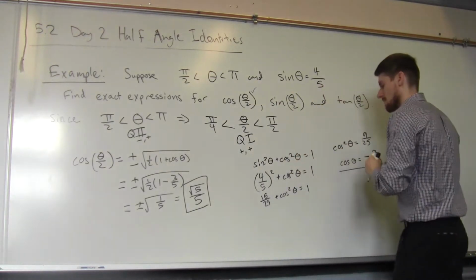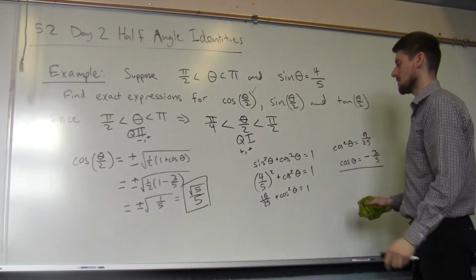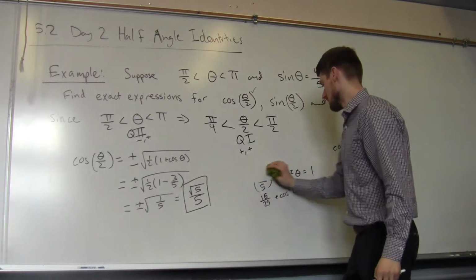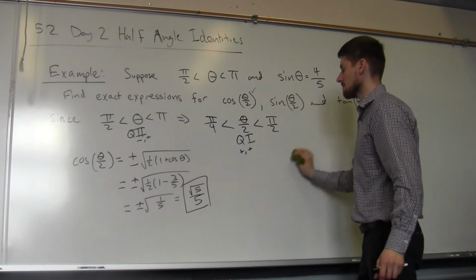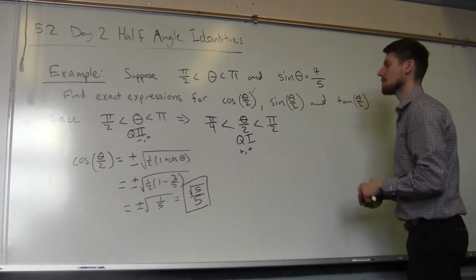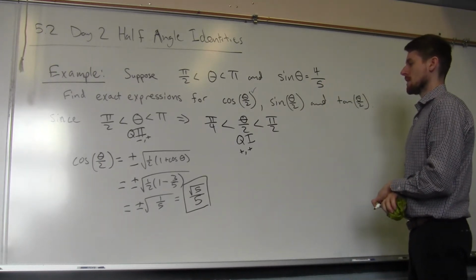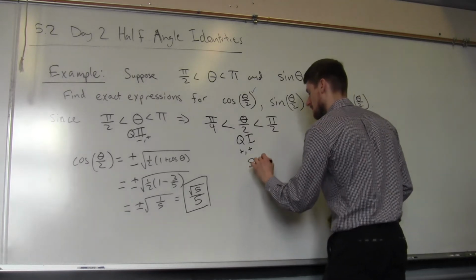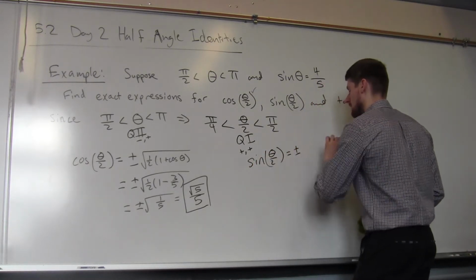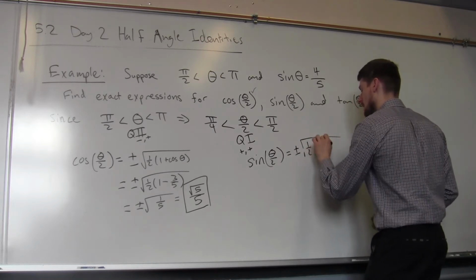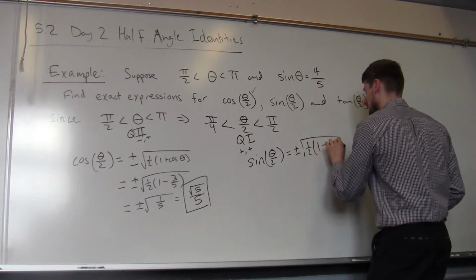Okay, now let's figure out what sine of theta over 2 is. I can apply the formula: sine of theta over 2 is plus or minus the square root of 1/2 times 1 minus cosine of theta.